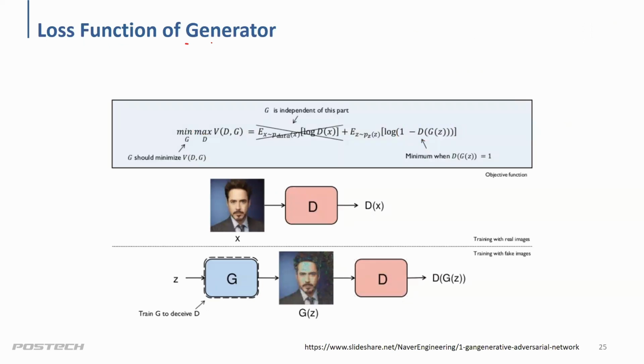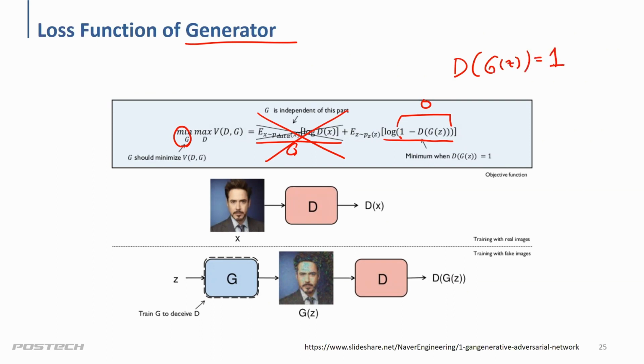Now, for the generator, over here there's no G function, so it's independent. We can ignore it. Now, for the generator, I want to minimize it. So to minimize this one, this value should be 0, which means D of G of z is 1.